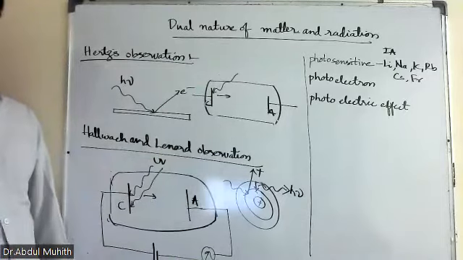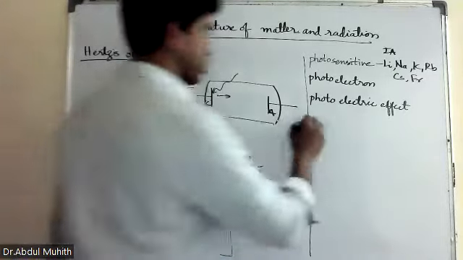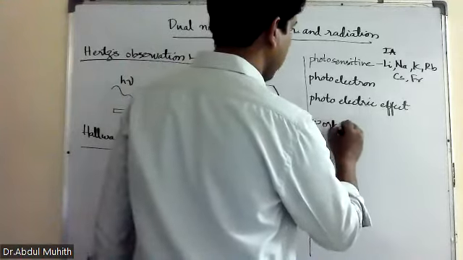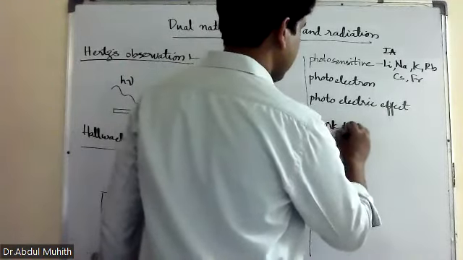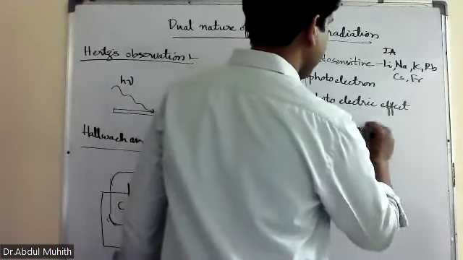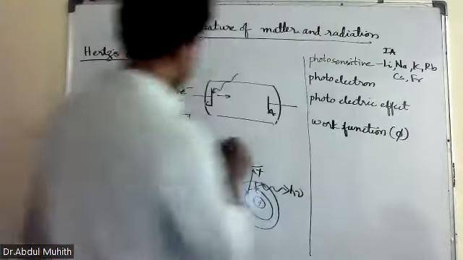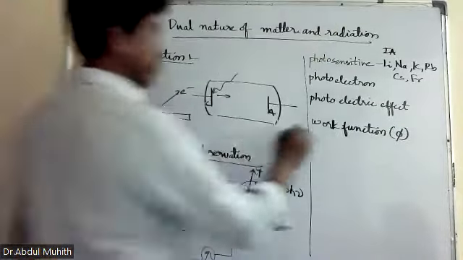This effect is known as photoelectric effect. And there are two more things to be discussed here. One is work function, and the second is threshold frequency. Work function is the minimum energy. Work function is denoted by phi.